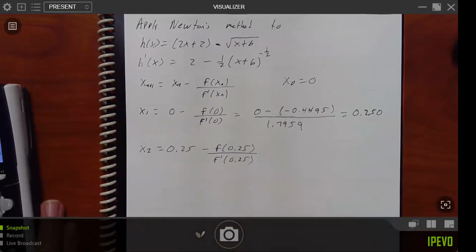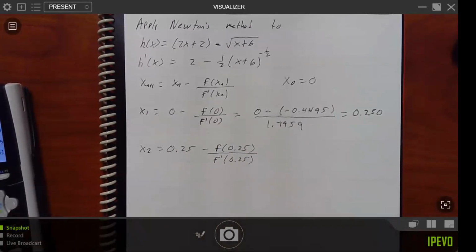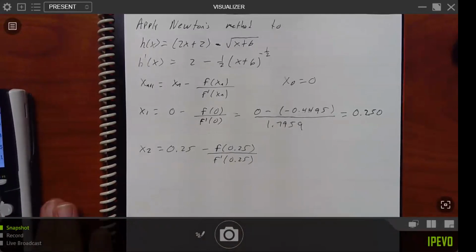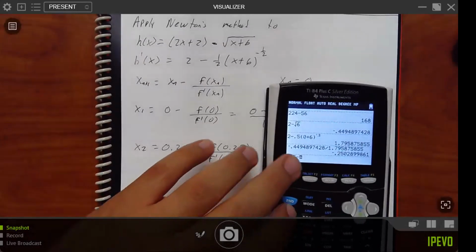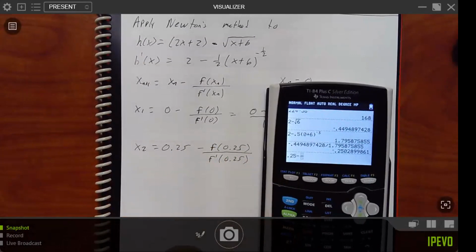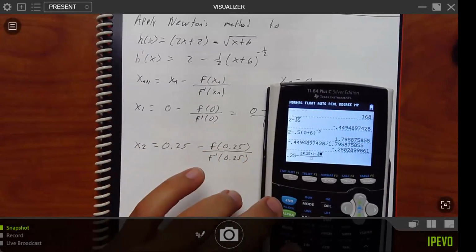Okay, so that will be 0.25 minus 2 times 0.25 plus 2 minus square root of 0.25 plus 6.